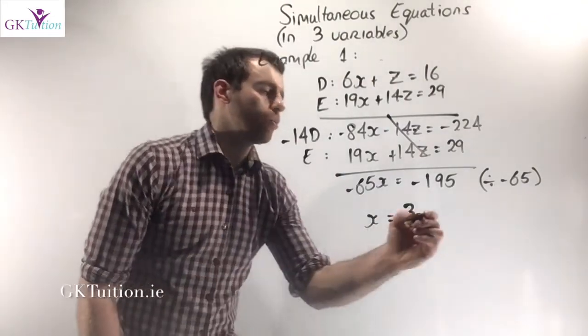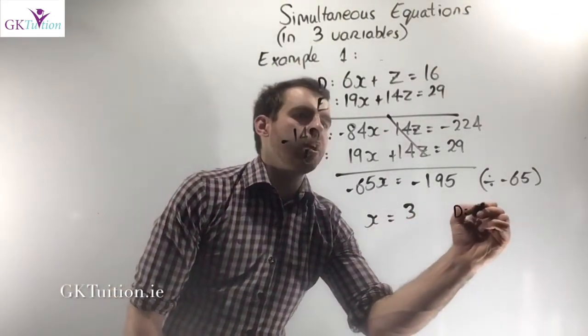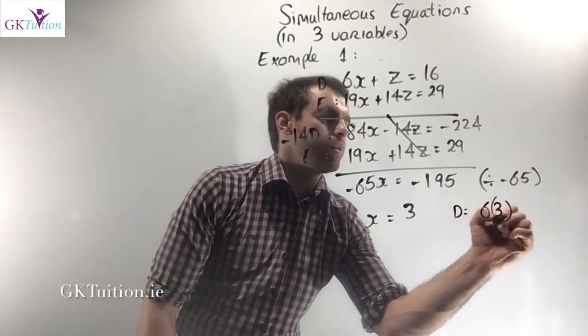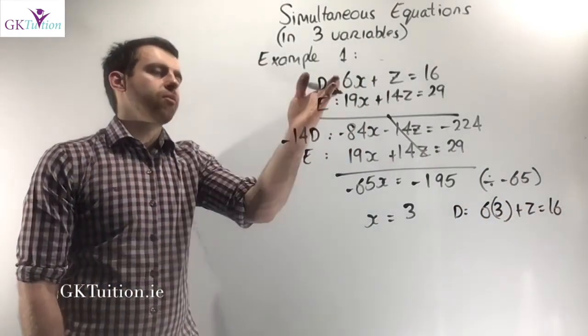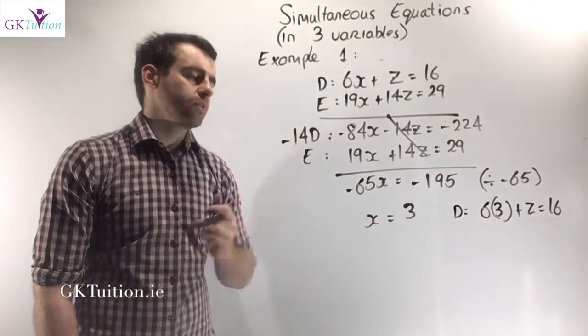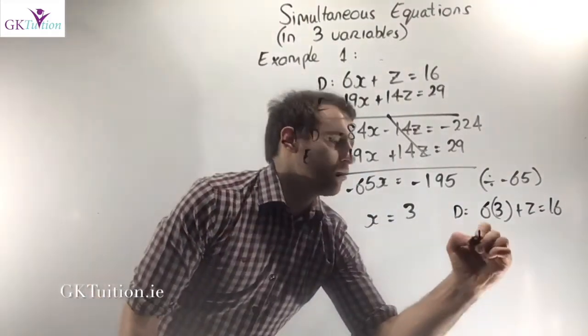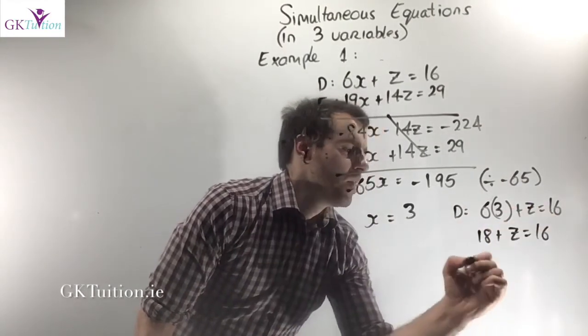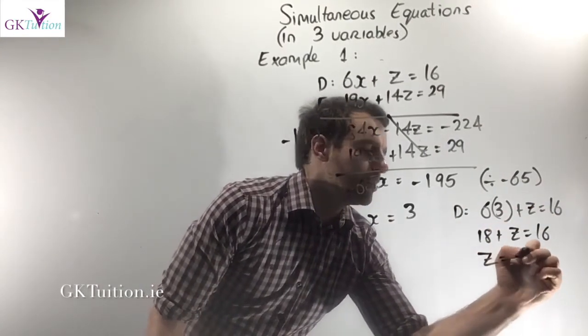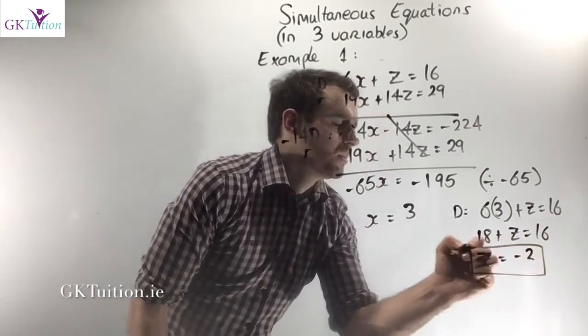So let's sub into equation D. I could say that equation D is 6 times 3 plus z equals 16. I've just rewritten it, except instead of an x, I've subbed in a 3. 6 times 3 is 18 plus z equals 16. If I subtract 18 from both sides, I get z equals minus 2.